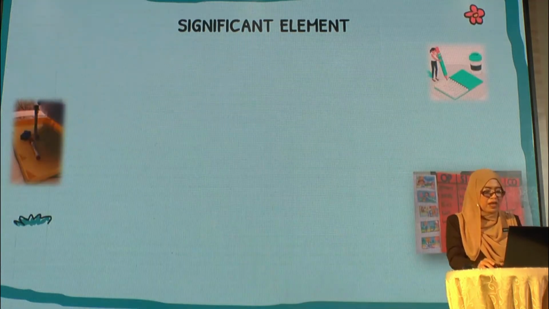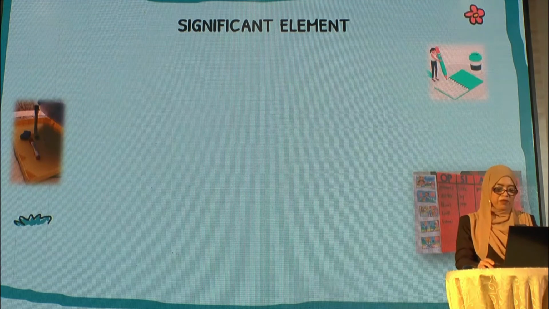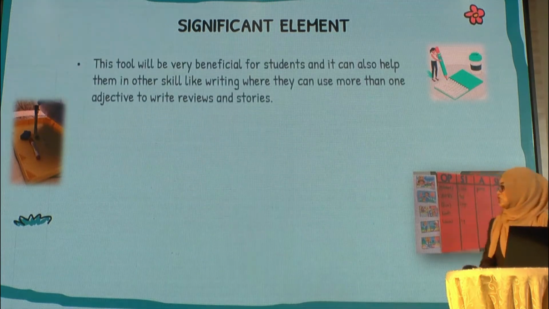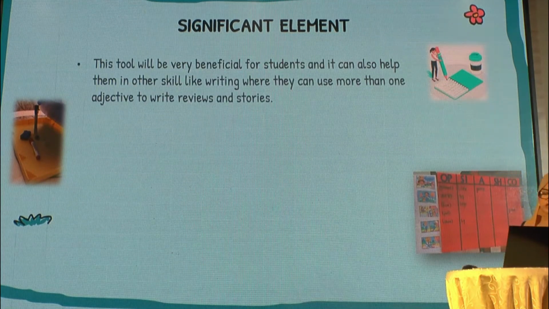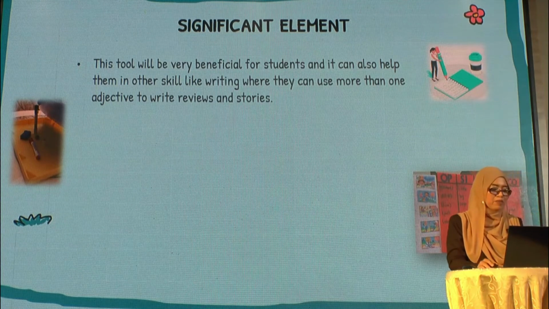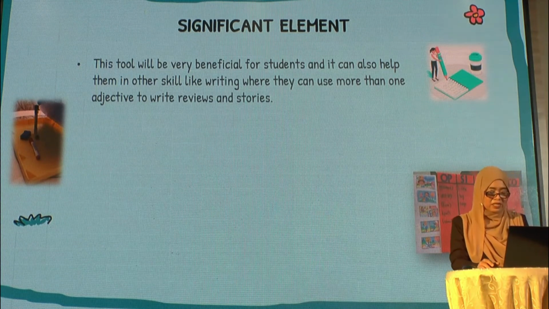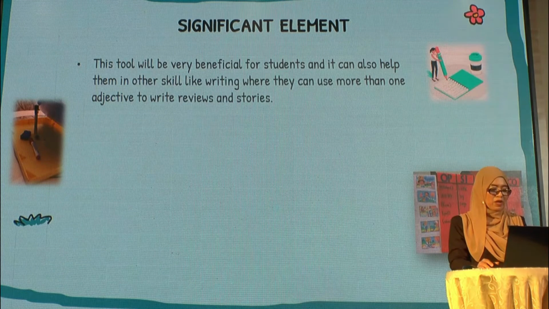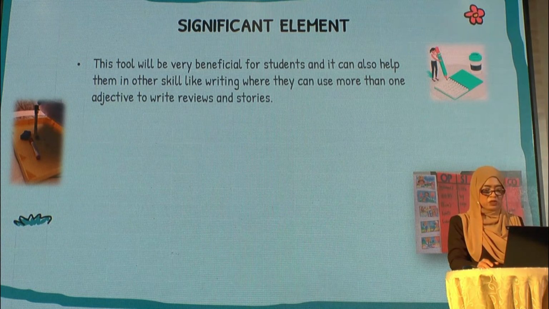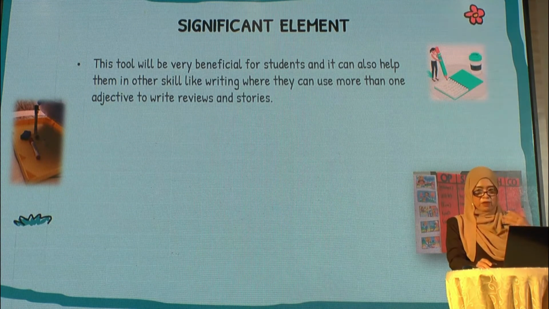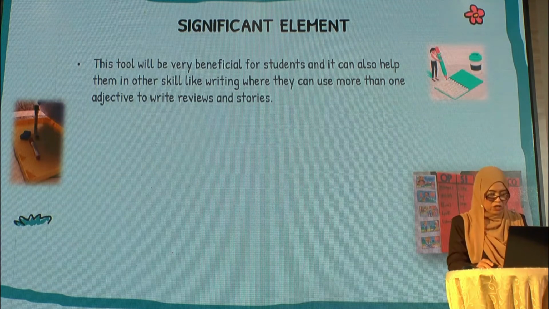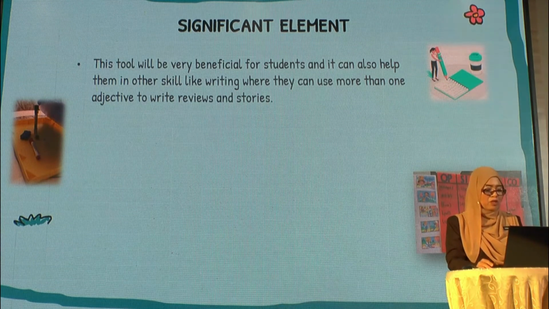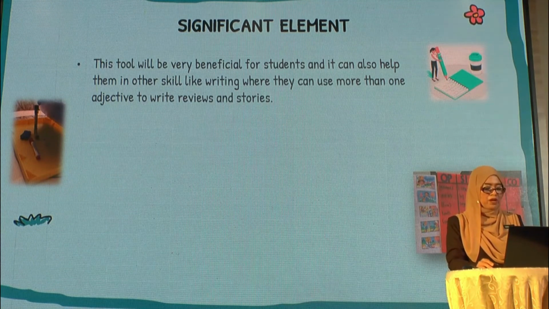So the significant element from this innovation is that these two will be very beneficial for students, and it can also help them in other skills like writing, where they can use more than one adjective to write reviews and stories. As in the productive skills we have writing and speaking, so students can use that board to also improve their writing.